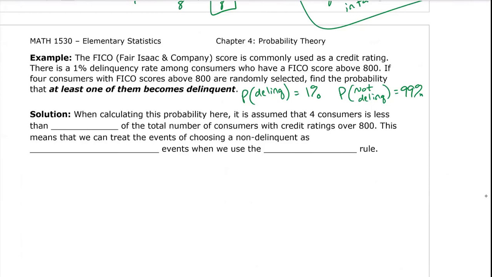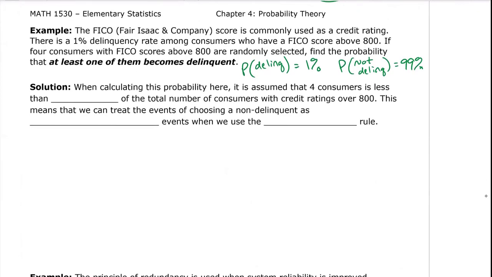Right here, I do have a little note to yourself regarding the multiplication rule when we get to picking the people. When calculating the probability here, it is assumed that 4 consumers is less than 5% of everybody that has a credit score over 800.